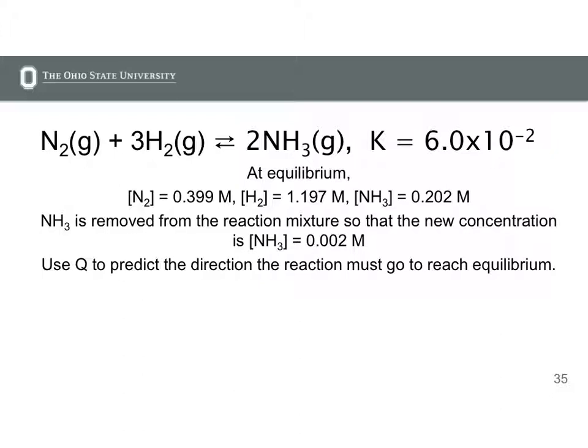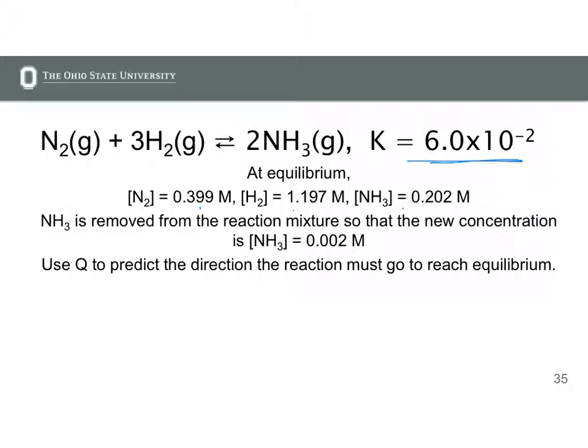So let's take a look at this example. We've got our Haber reaction. We're forming ammonia from nitrogen and hydrogen. Our K value for this reaction is 6 times 10 to the minus 2. At equilibrium, we have these concentrations: N2 is 0.399, H2 is 1.197, and NH3 is 0.202.